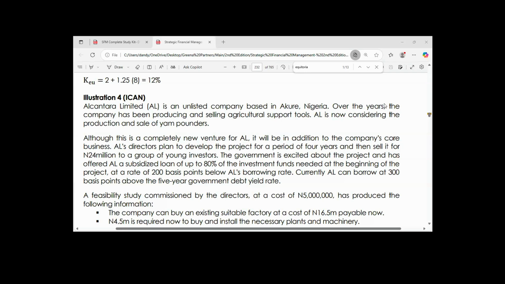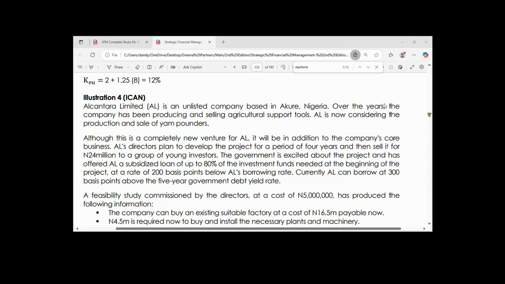Then you now go to step 3 of calculating the APV, which is to calculate the APV itself. To get the APV, you consider that APV is base case NPV plus or minus the PV of financing side effect cash flows. At the end of the day, once you have your APV, it could be positive or negative.